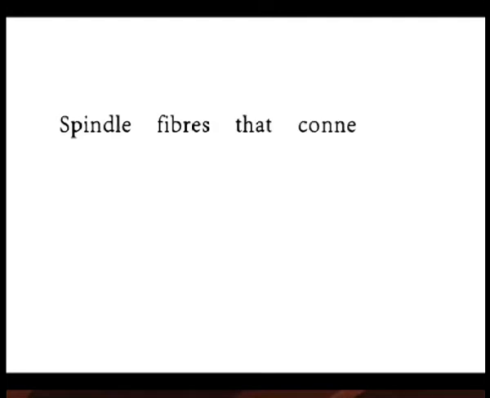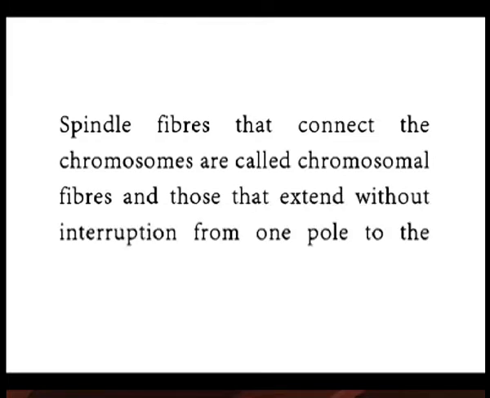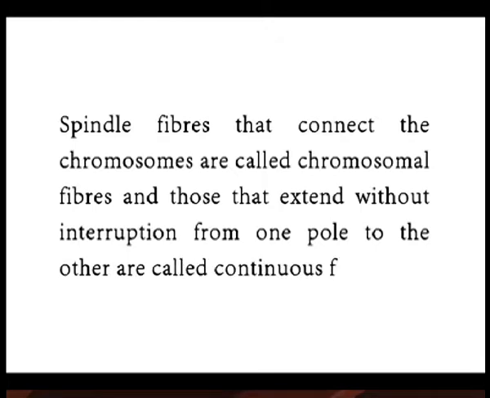Spindle fibers that connect the chromosomes are called chromosomal fibers, and those that extend without interruption from one pole to the other are called continuous fibers. These continuous fibers also appear at the same time. Smaller chromosomes are usually central in position, whereas the larger ones are peripheral.